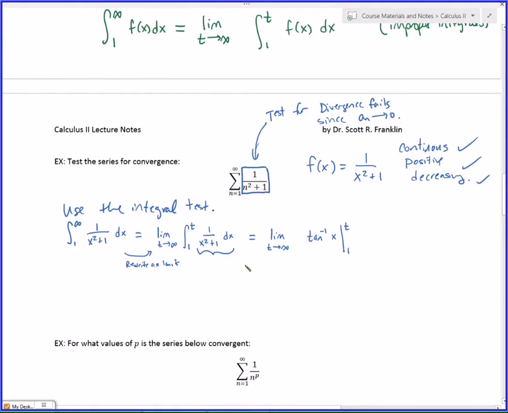All right, so we found the integral. Now let's actually take the limit. Actually, what do we got to do first?